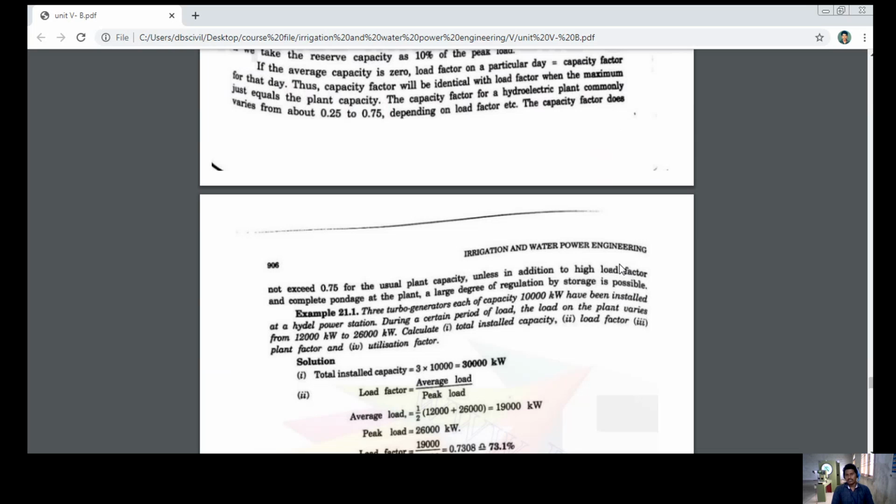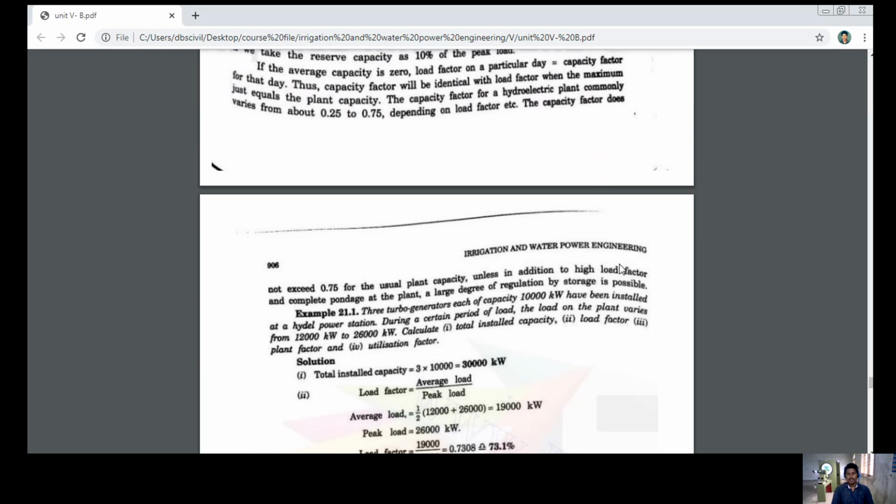If the reserve capacity is 0, then the load factor on a particular day is equal to the capacity factor for the same day.